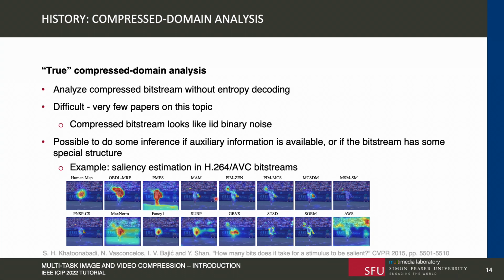And the other images show the predictions of visual saliency obtained by other state-of-the-art methods at the time. And as you can see, OBDL can do quite a good job of predicting human visual saliency, and it does so without even entropy decoding the bit stream, just looking at how many bits are spent per block at various parts of the frame.